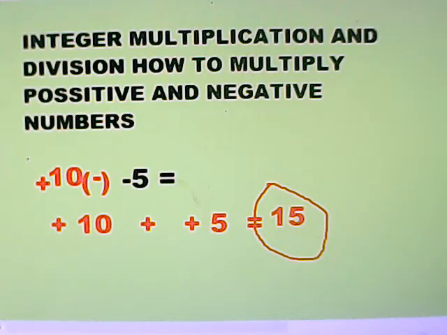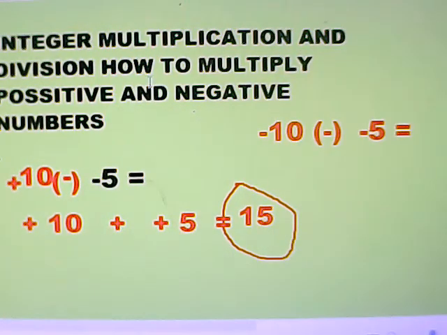How about if they are both negative? Negative 10 minus negative 5. The first thing we have to do is change the sign, this one and this one. So we have to rewrite those numbers again.